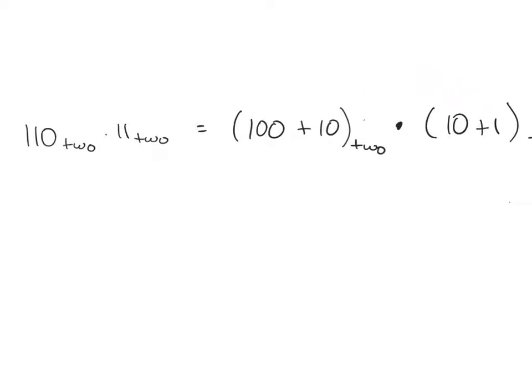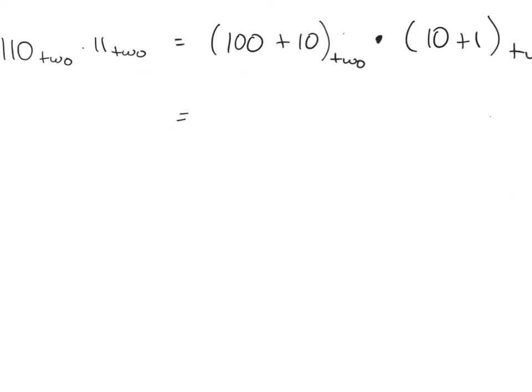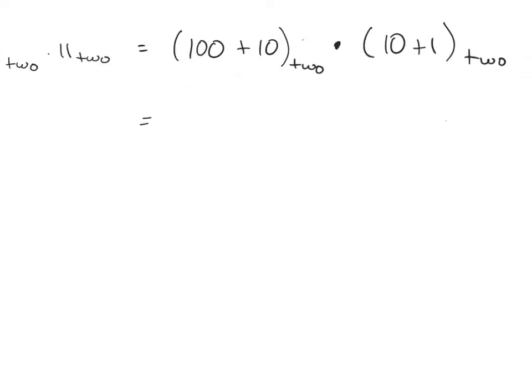Let me write that down. So you've got 1000 base 2, and when you multiply the 100 times the 1, you get 100 base 2.